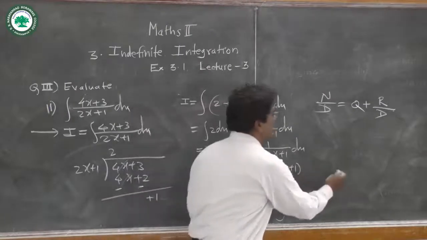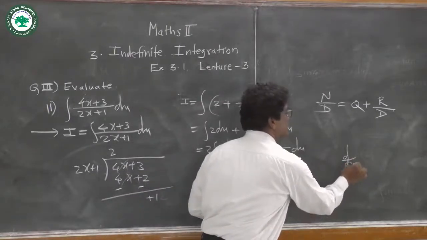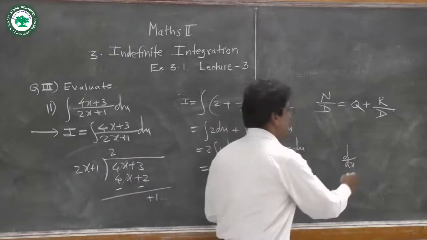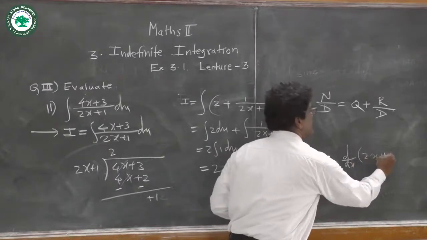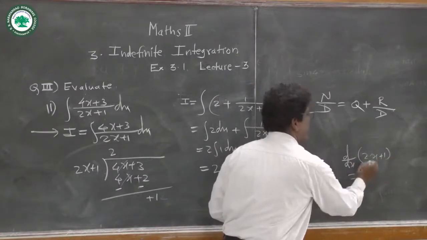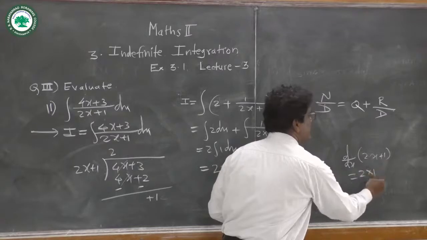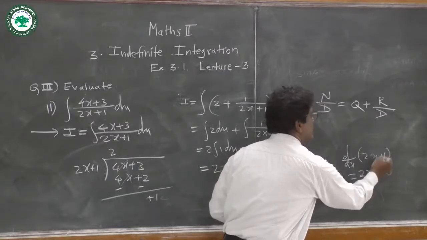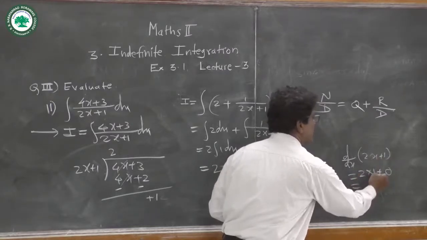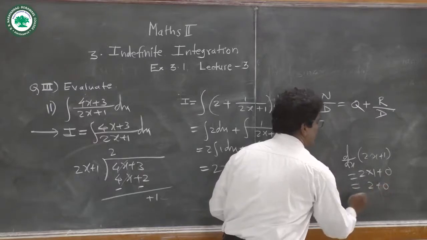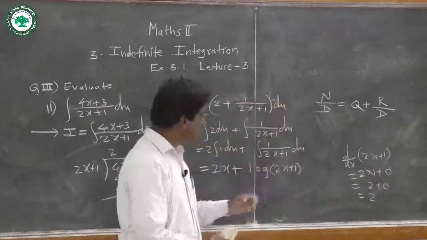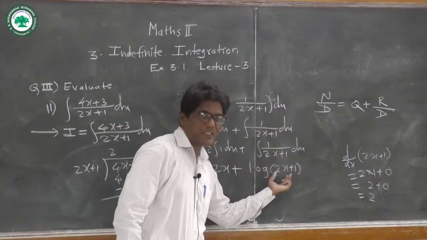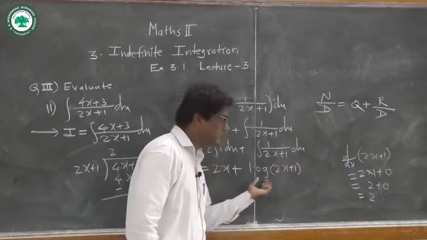So the derivative of 2x + 1: d by dx of (2x + 1), the derivative of 2x is 2, derivative of x is 1, plus derivative of 1 is 0, 1 is a constant, so 2 into 1 is 2 plus 0, and it is equal to 2. Means we divide by that 2.